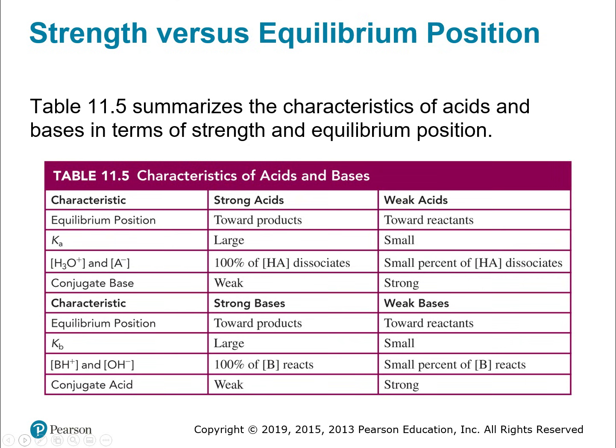We talked about these, but if you need something to look at that kind of brings it all together, this is a great table to put in your notebook, and one that you can use to fill in the blanks and make sure that you understand the concepts. So you can keep all the characteristics for Ka and Kb, and then fill them in for strong acid versus a weak acid as a way to test yourself.